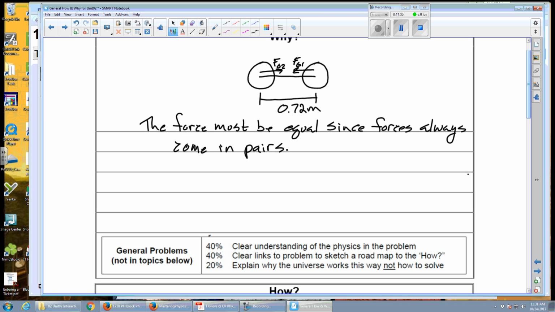What's creating this interaction? Gravity is the interaction. What's creating it? Gabe, what's creating this interaction? Oh man, sorry.